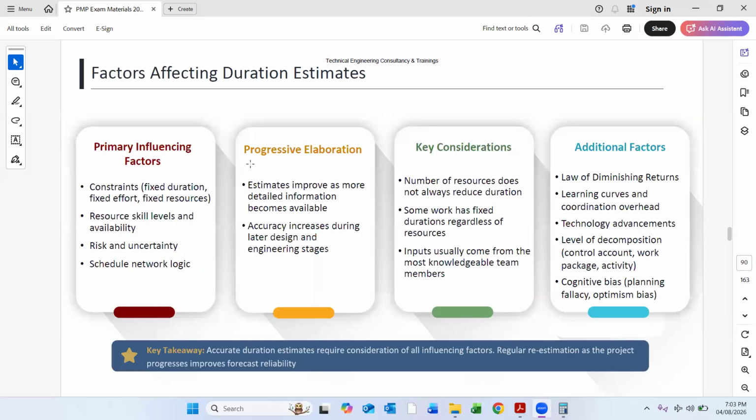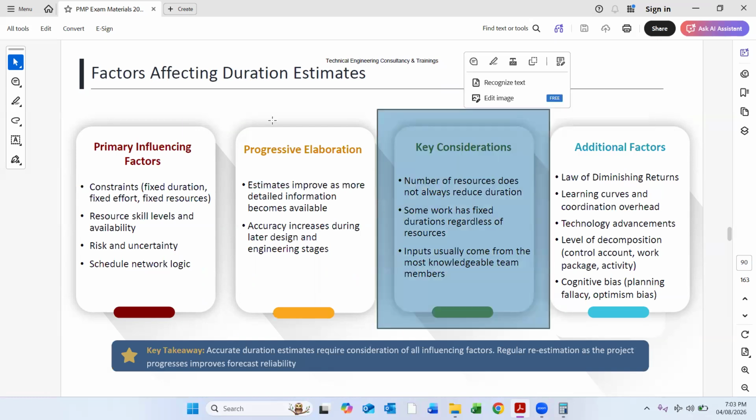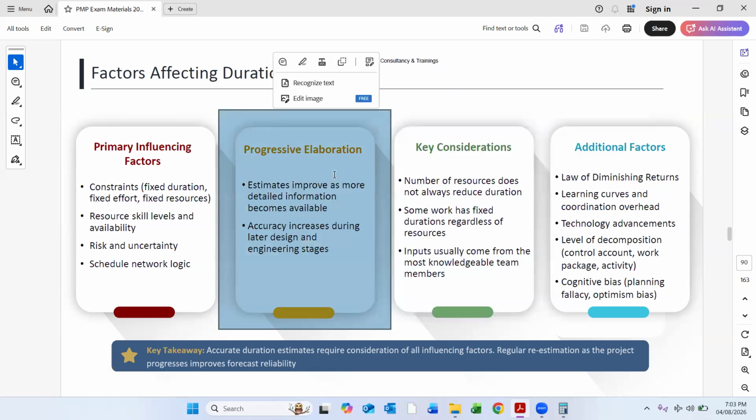Let us go to the next slide. Factors affecting the duration estimates. What are the factors that affect the duration estimate? Primary influencing factors are fixed duration, fixed effort, fixed resources, and progressive elaboration: estimates improve as more detailed information becomes available. Accuracy increases during later design and engineering stages.